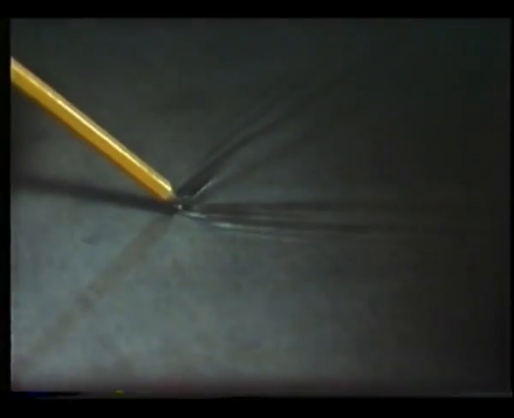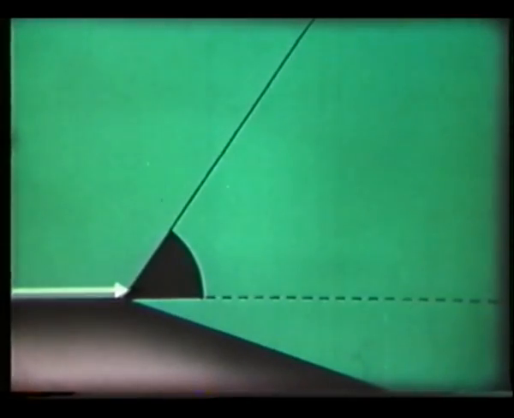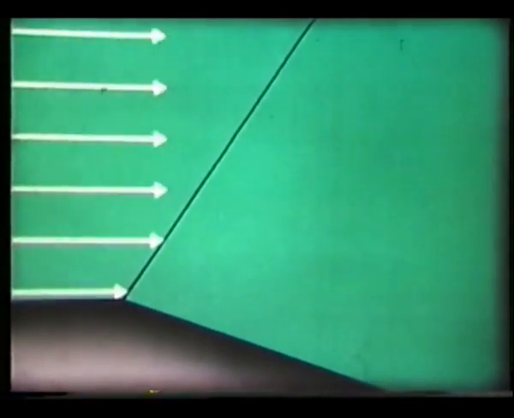How does it happen? Consider a streamline very close to the surface. The influence of the sharp corner will be felt along a Mach line at the appropriate Mach angle, just as the influence of the pencil point is confined to the region bounded by the Mach lines. None of the streamlines will be affected until they reach this Mach line. As soon as they pass it, they bend slightly and move further apart.